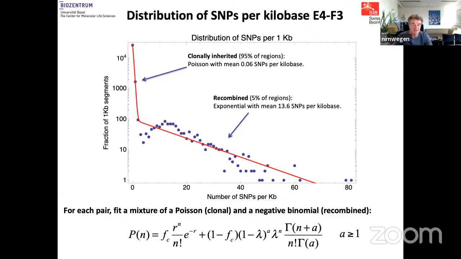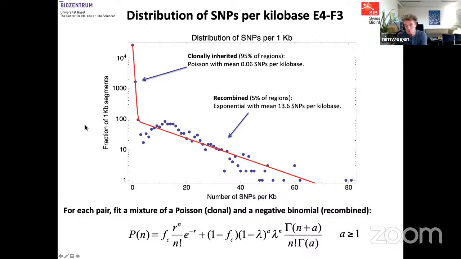So what we did is we found that we can model all these histograms for pairs of species by a simple mixture model: a Poisson distribution for a fraction FC that was clonally inherited between the pair of strains, and a negative binomial distribution, which is really a mixture of Poissons with different rates, for the rest of the genome.